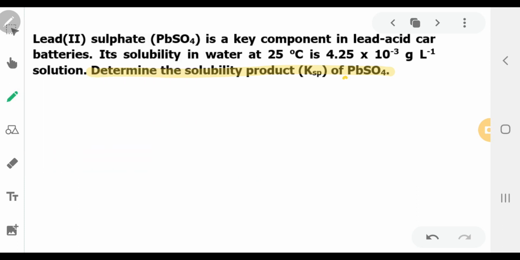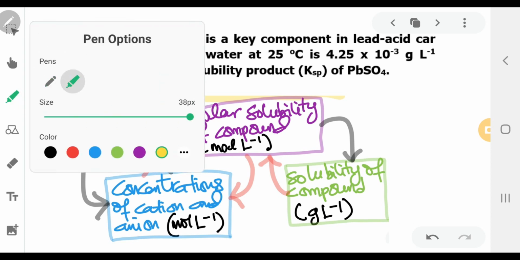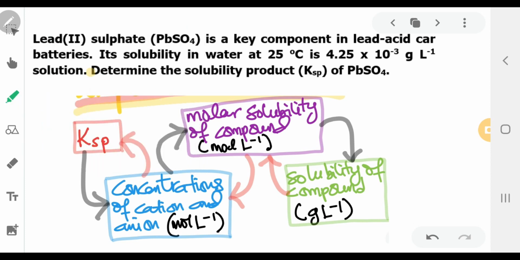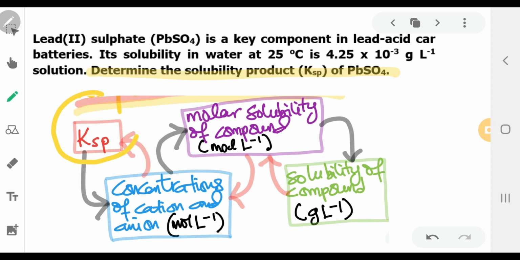So this is what the question wants. If you relate that with what we have talked about in the flowchart just now, the question wants you to determine the solubility product, which is this right there.